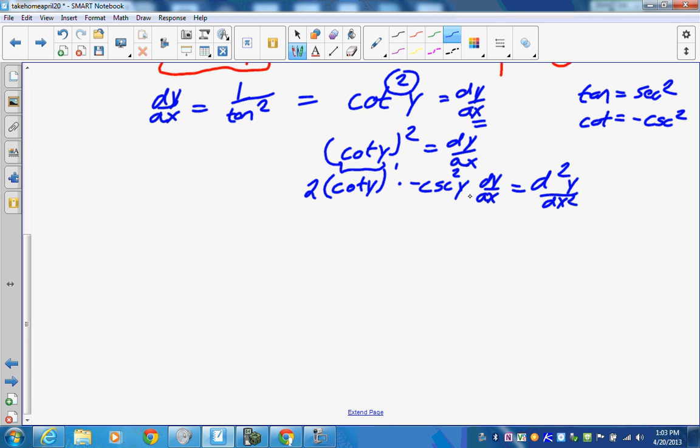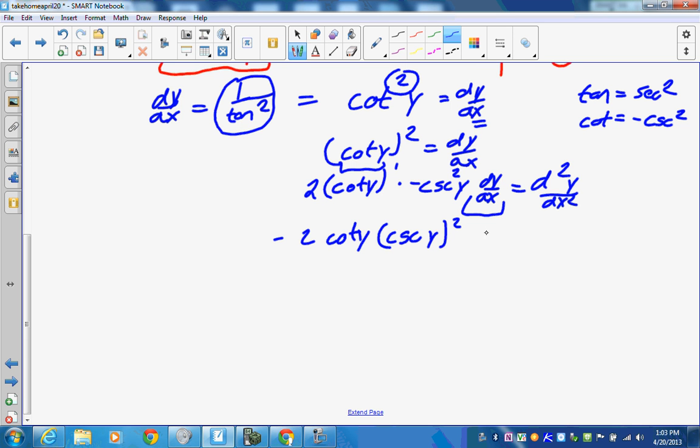What do you do with this dy/dx? Well, you know what dy/dx is equal to because you just had it written here. So we can substitute that in. So we have 2 cotangent y. Put our negative out here if we want. This is cosecant y squared.